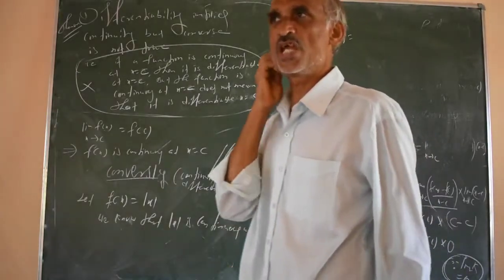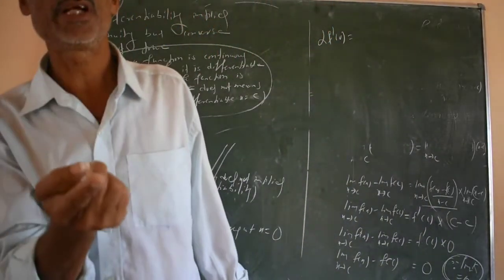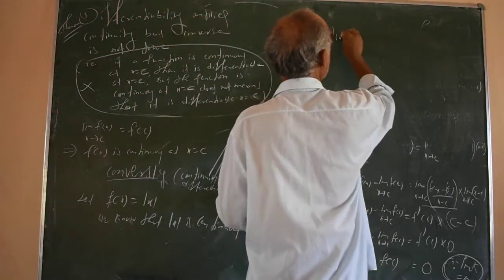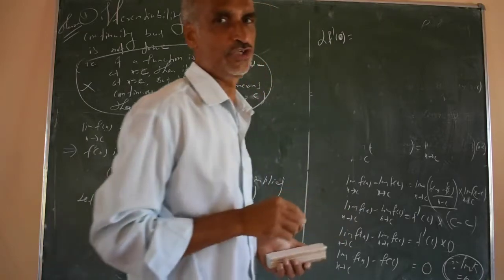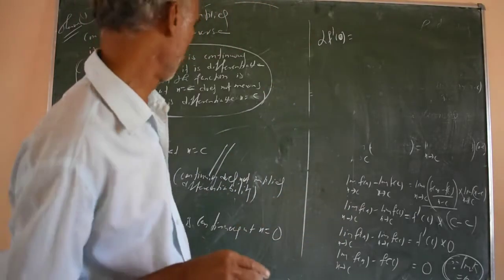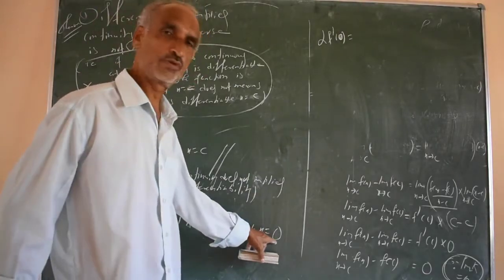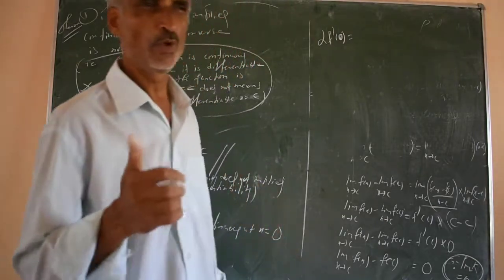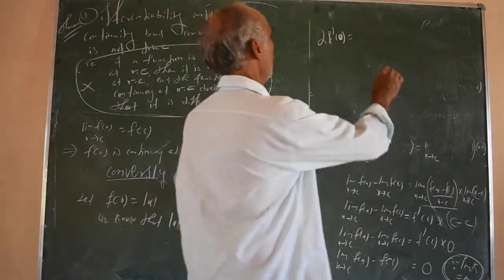If it is differentiable, then the left hand derivative is equal to the right hand derivative. Here x equals c, and c is 0. Origin means 0, c means one particular value of x.